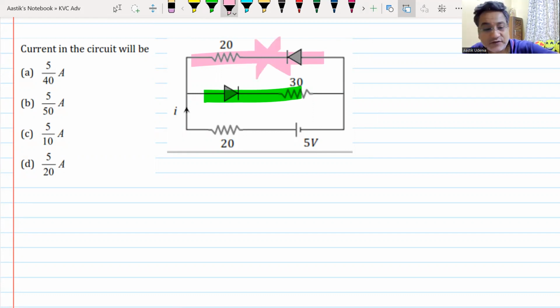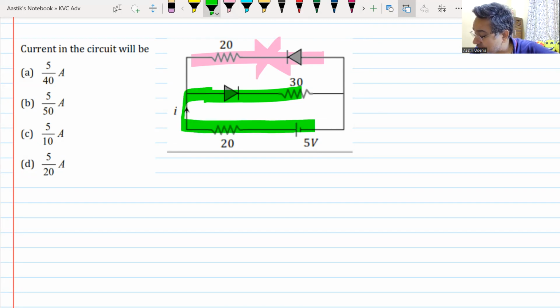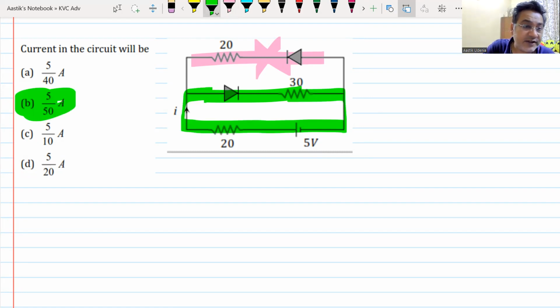Total resistance is 50 ohms, and the total voltage is 5 volt. Current can only flow in this path because of forward biasing, and the answer would be 5 by 50. It's very simple to understand this.